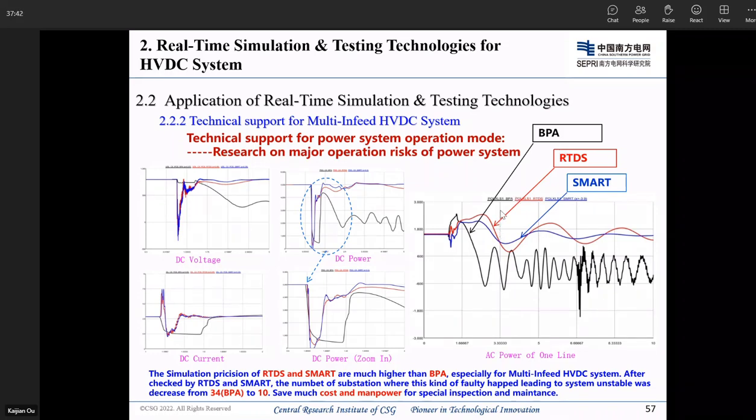We can see the black one is the PPA simulation, the blue one is smart, the red one is RTDS.